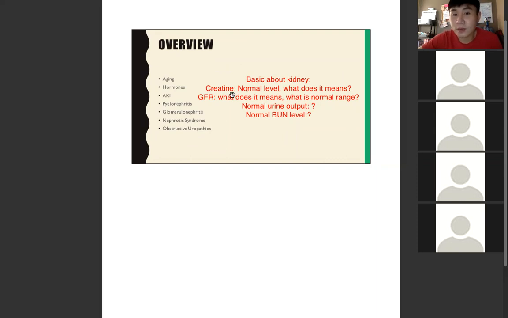So before we start, can someone tell me what is the normal level of creatinine and what does creatinine really mean? I think it'll be helpful to know the basics of some of the labs and some of the words that we're going to talk about today before we start. So I'd appreciate it if someone can put it in the chat or unmute and tell me the normal level of creatinine or what they think the meaning of creatinine is.